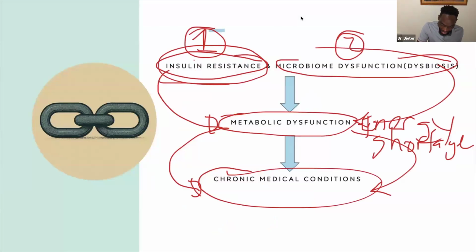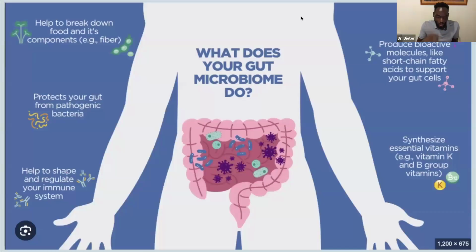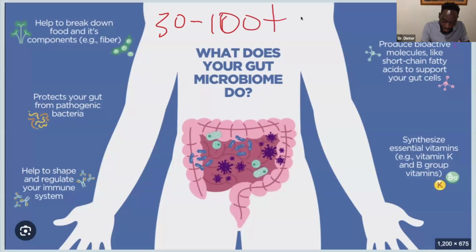Let's talk about the second aspect, microbiome dysfunction, your gut. To understand what microbiome dysfunction is, let's explain what the microbiome is. In our large intestine, there are 30 to 100 trillion bacteria that when God, our creator, made us, he put in our gut. Those are called the microbiome.